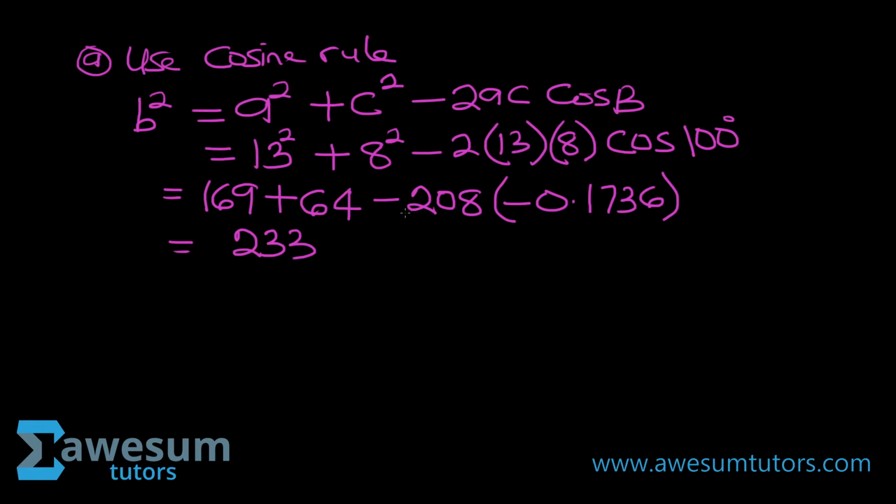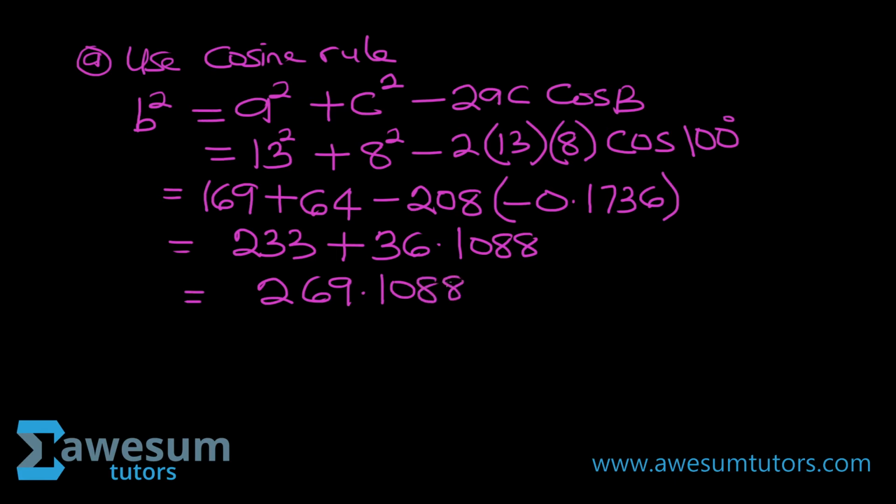Negative 208 times negative 0.1736 is going to give me positive 36.1088. Very good. So my answer here is going to give me 269.1088. Take note, this is B squared. Now for you to find B, you will take square root of both sides.